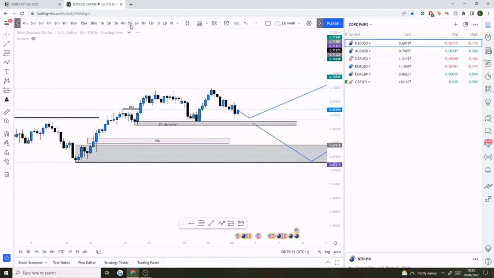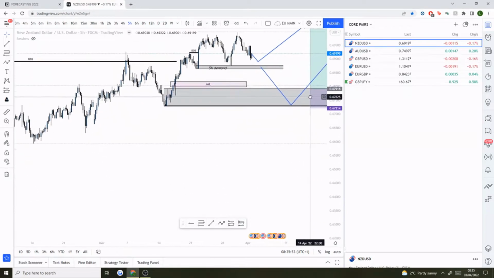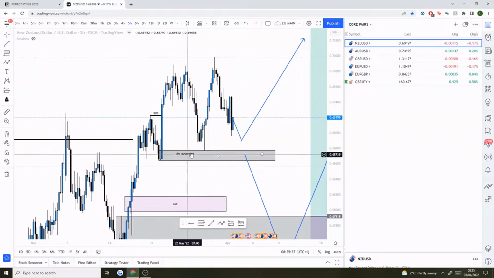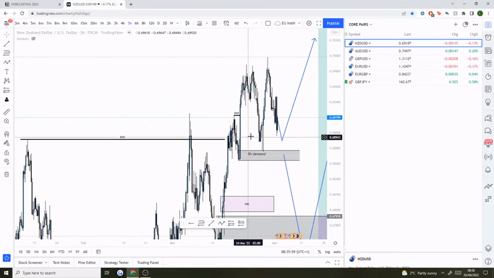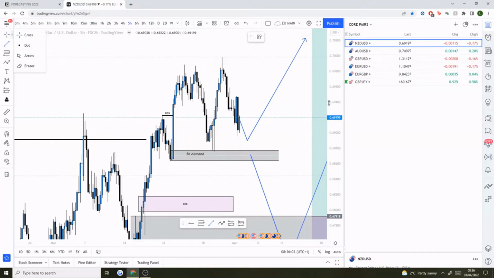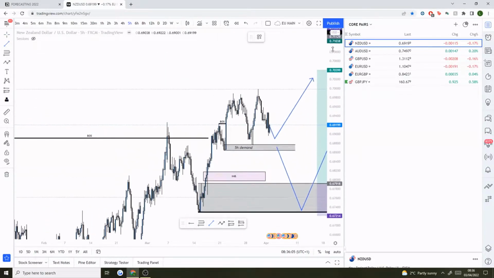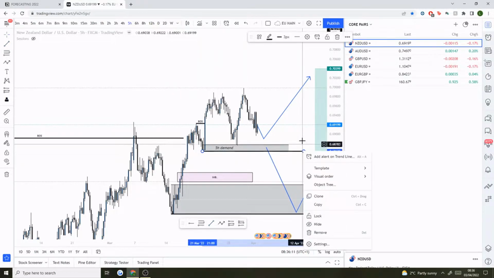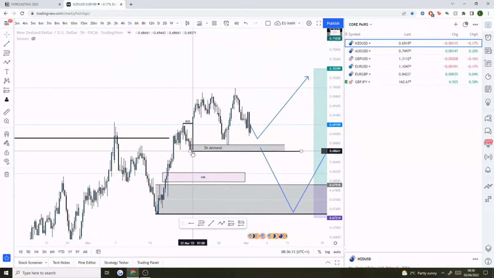Now, what I'm also aware of is that we've got this, which is best seen on the 5-hour, this 5-hour demand. This hasn't been violated yet, so technically price is in this uptrend, and this is our higher low. So within that, if this uptrend just continues, then the 5-hour demand can easily just hold.